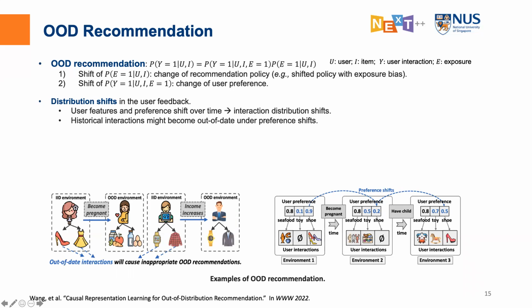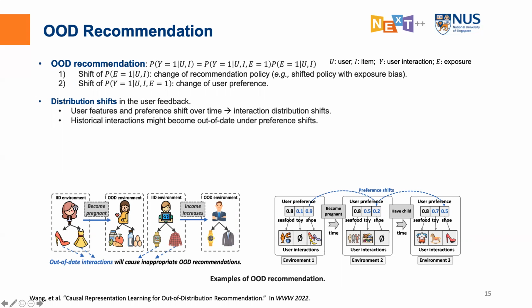This is a recent work. We are doing some research about OOD generalization of recommender models. We all know this equation: given a user and an item, we want to predict whether this user will like this item.